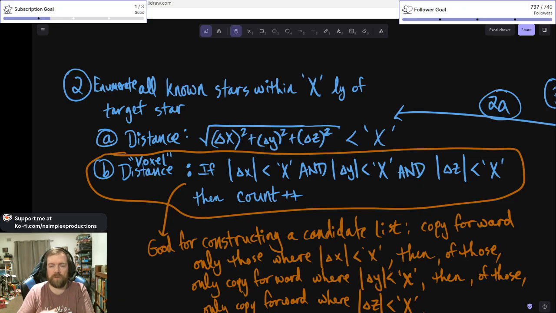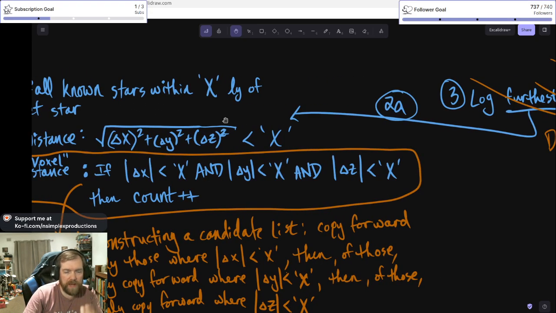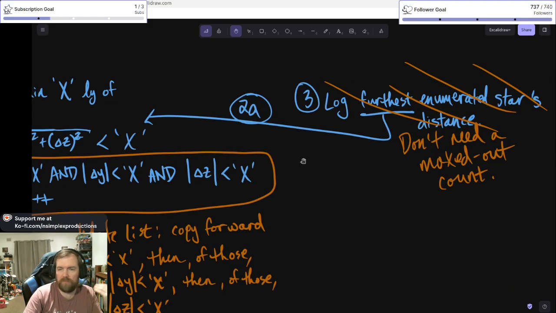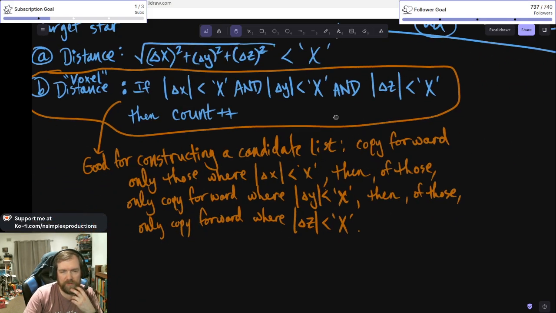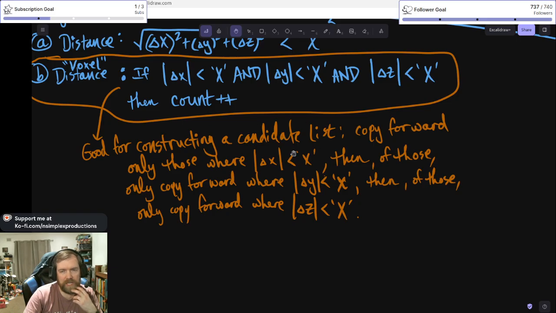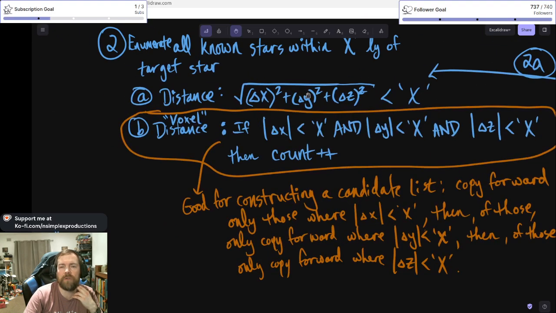And then of those, only copy down those where the y distance is within the proper distance, and then also the z direction. So we just keep paring down the list until we get whatever it is that we're looking for. And then out of that, we construct our candidate list, and then find the distances from that with the standard definition.